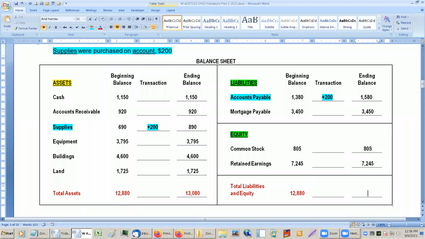All right, and that should come out to the same $13,080 we had before for the asset side. $13,080.